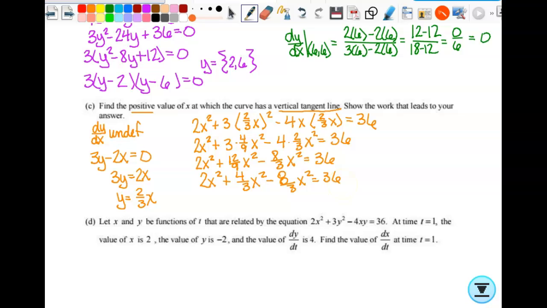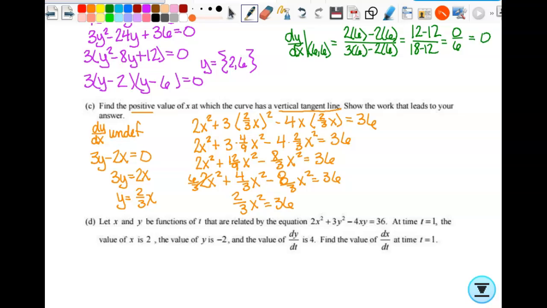Okay, so then I would like to combine these 3 terms together, because they're all x squared. You see that? I need this in terms of thirds, so this would be 6/3, right? So 6/3 plus 4/3 is 10/3, minus 8/3 is 2/3 x squared equals 36.